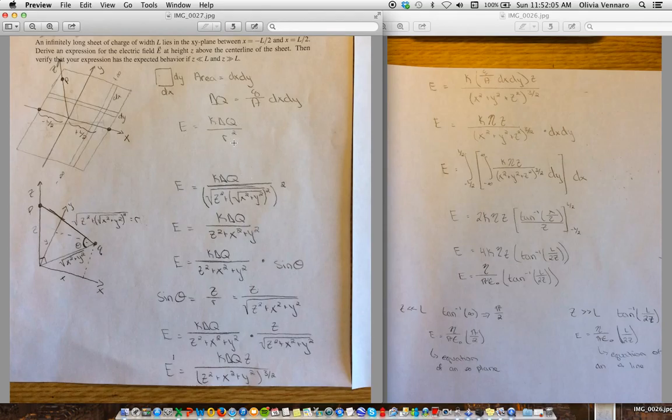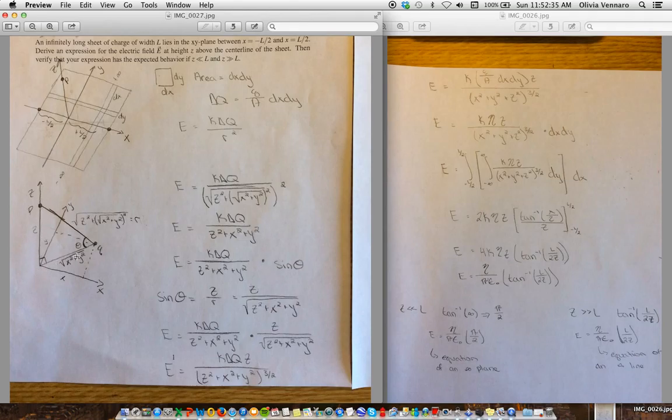So next I drew another diagram to find r. So I have the y, the x, and the z. And I know there's the point P and my delta q over here. And I know that this connecting line would be r, which forms a right triangle with this leg and this leg.